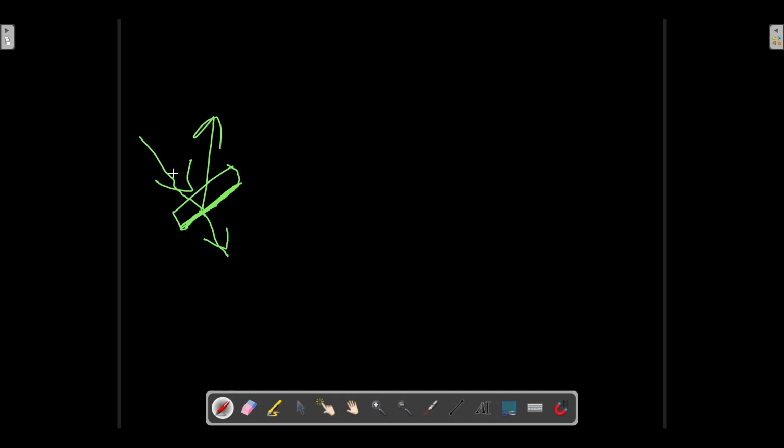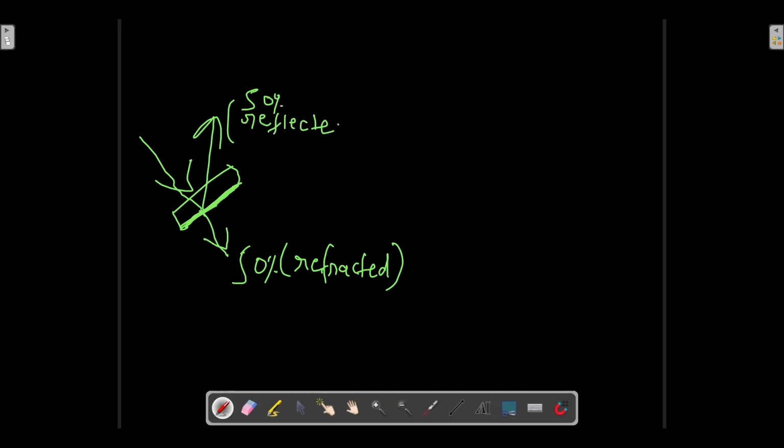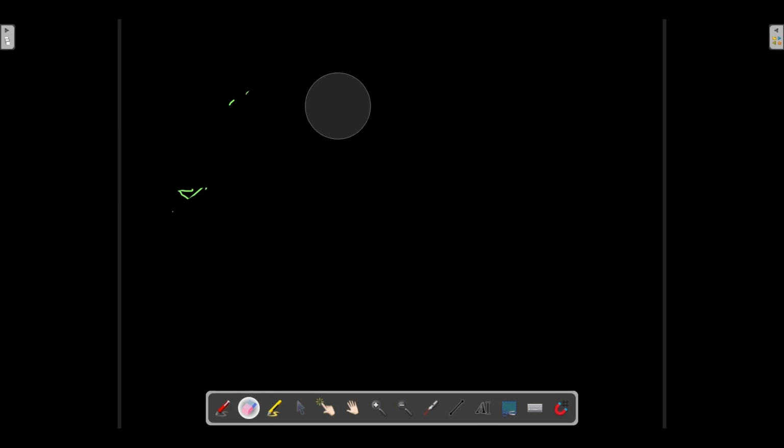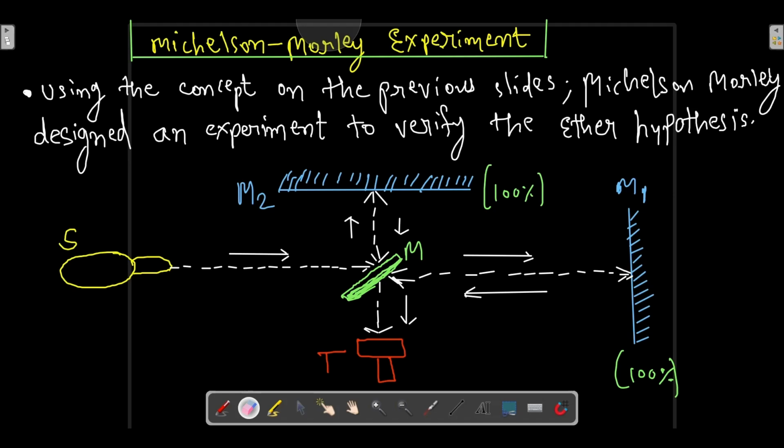With a half silvered mirror, 50% of the light is transmitted, that is refracted, and 50% is reflected. This is the main characteristic of a half silvered mirror.